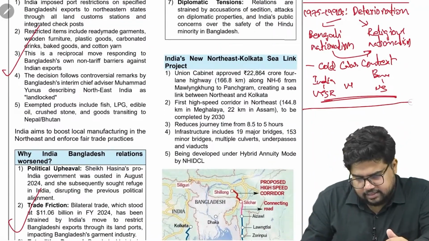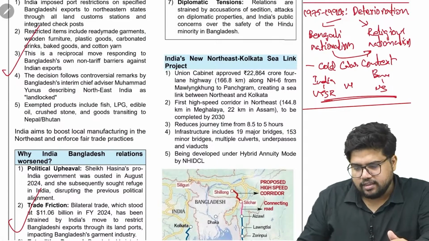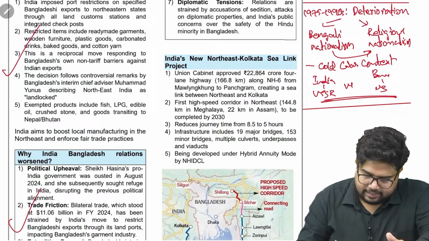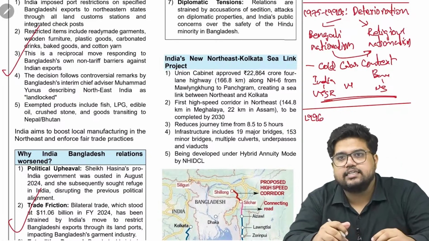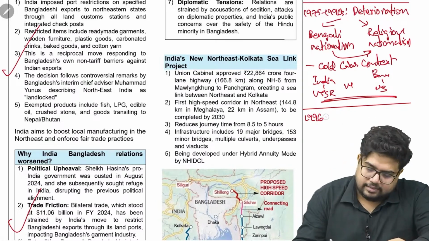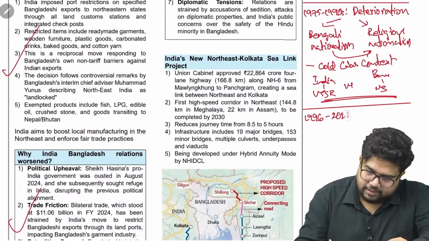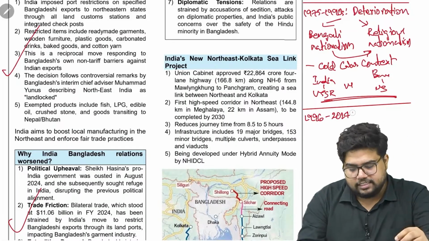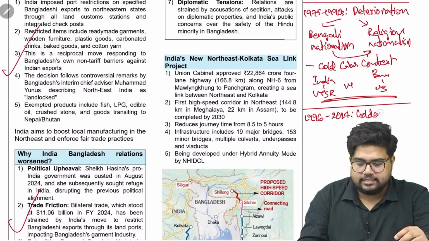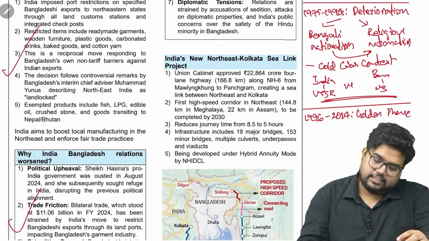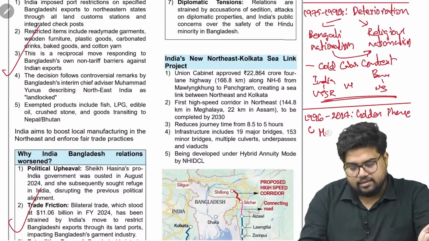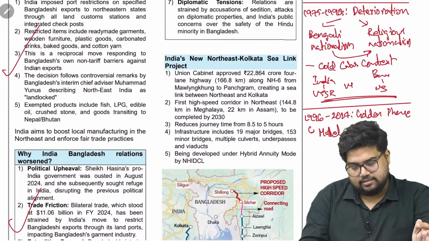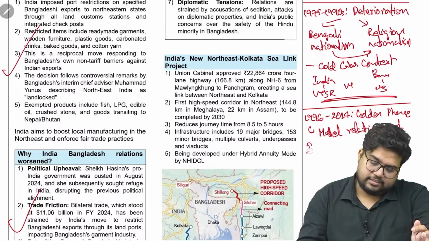Now it undergoes another phase, which happened in 1996 with the coming of Sheikh Hasina's party into power. This lasted till 2024, and this is called the golden phase of India-Bangladesh relations. This phase is appreciated as a model of India's relations with neighboring countries.